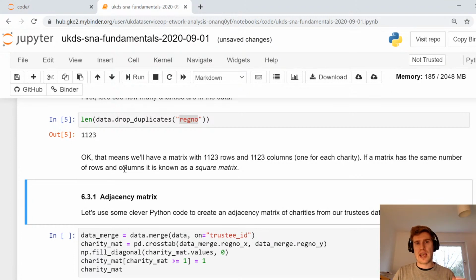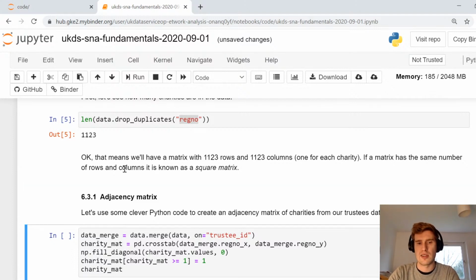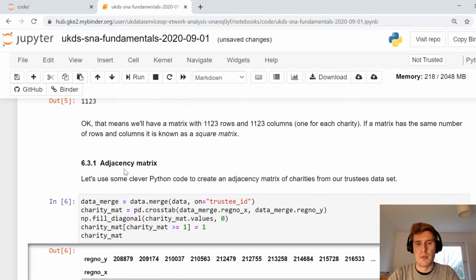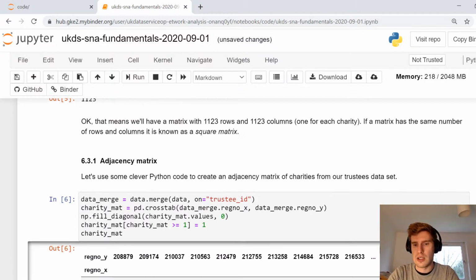We want every row to be a charity, and every column to be a charity. And in the cells, in between the rows and columns, we want a 1 if those 2 charities are connected, and a 0 or a blank space if those 2 charities are not. That's probably abstract to visualize, just as I've explained it, so let's get straight into it and take a look at how it should look.